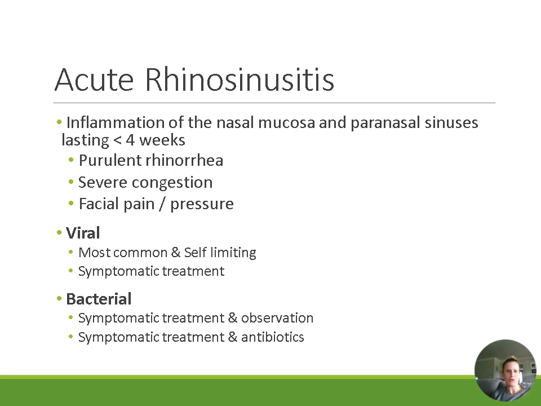It would be very weird for a patient to have sinusitis without having rhinitis. So rhinosinusitis describes the whole nasal situation. The nasal mucosa is inflamed, the sinuses are inflamed.